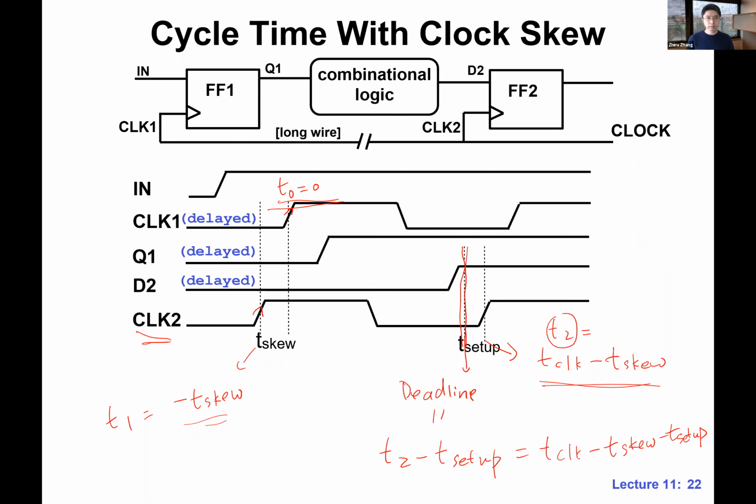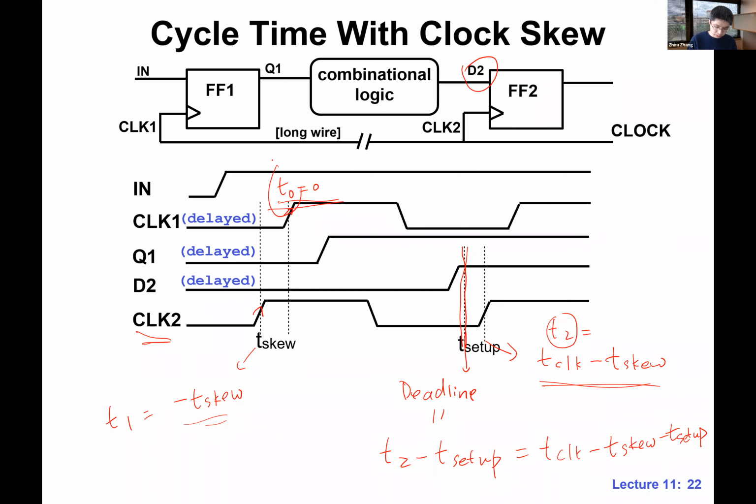Okay. All we need to do is we want to analyze the clock period. What exactly is T clock? So far, so good. Right. This is the new deadline. If this is clear, then the rest is very similar, right? We just need to add up. So what is the arrival time? When does this thing arrive?